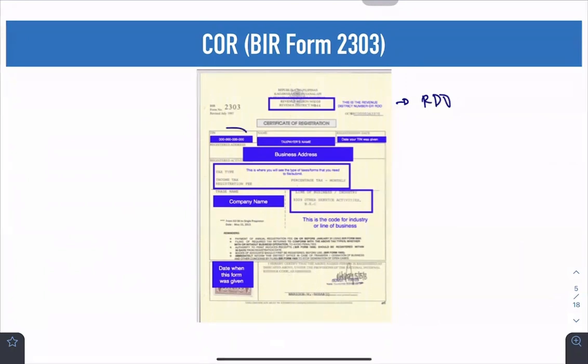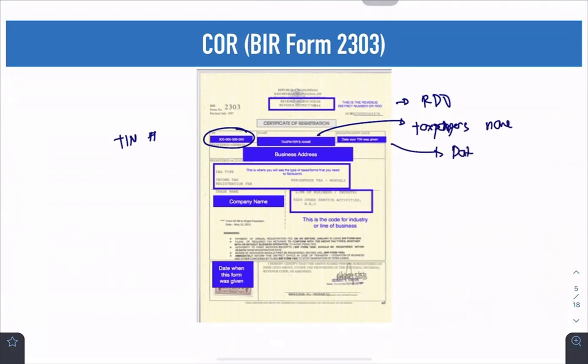And then here is your TIN number. And then we have here your taxpayer's name and also the date of issuance of TIN. This is your business address.